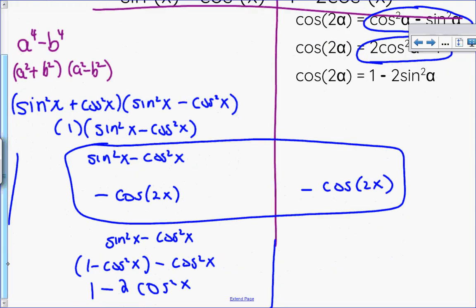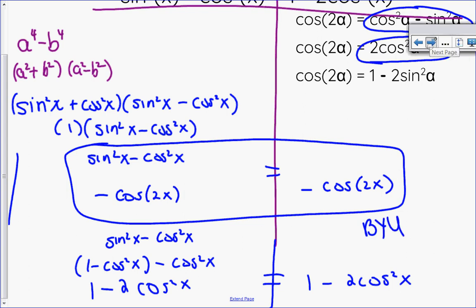And that is also the same, if I go all the way up here, as 1 minus 2 cos squared x. So I know that it's the same on this side as well. So 2 different ways that you could end that proof. But either way, we see that left side equals right side. We have proved that true, therefore Bob's your uncle.